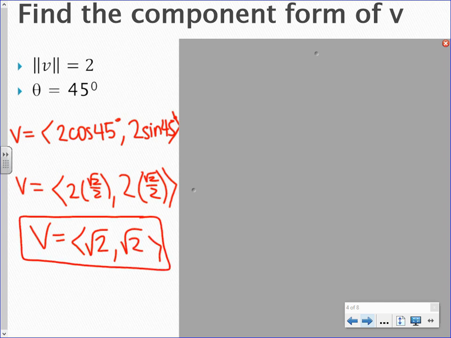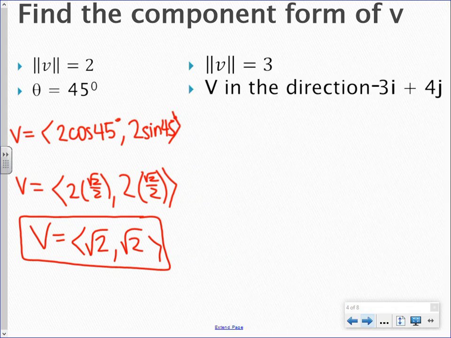Okay, now we can imagine what that vector looks like, right? We probably could pretty easily with 2 and 45 degrees, but here's the component form. The separate components will be helpful when we get into applications of vectors here in like 10 minutes or so. Okay, so that one was pretty straightforward.